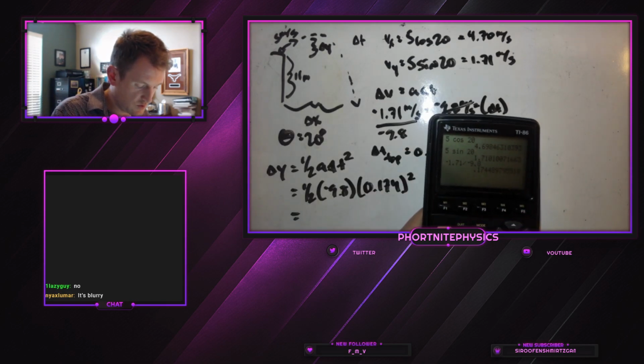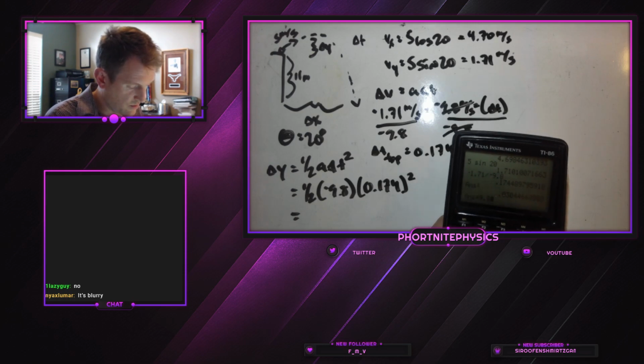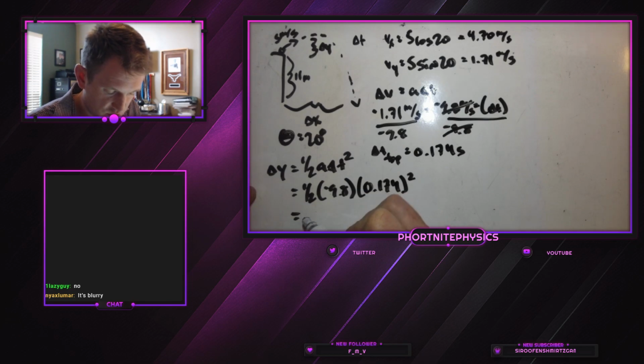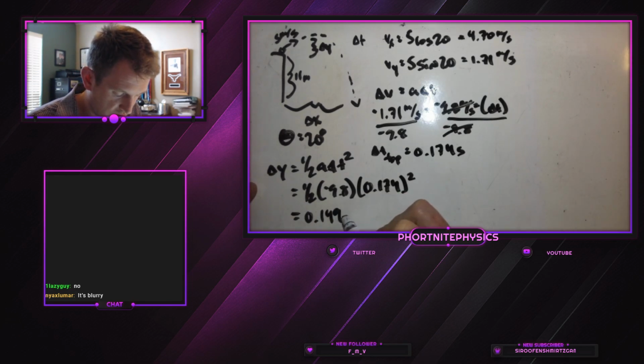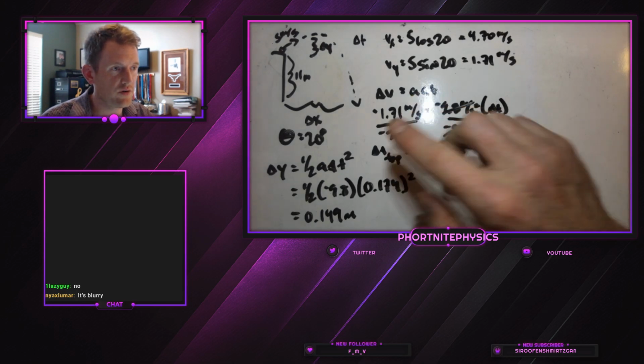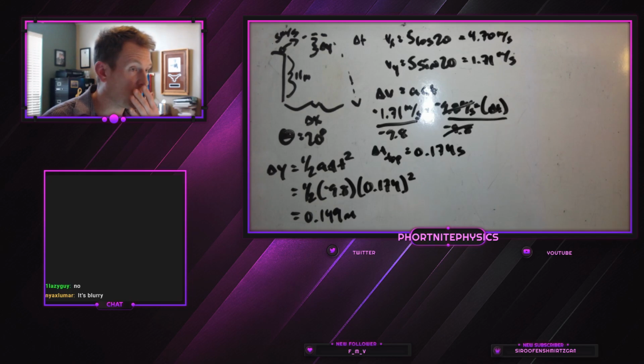If we square that time, multiply by 9.8 and divide by 2, we end up with 0.149 meters.